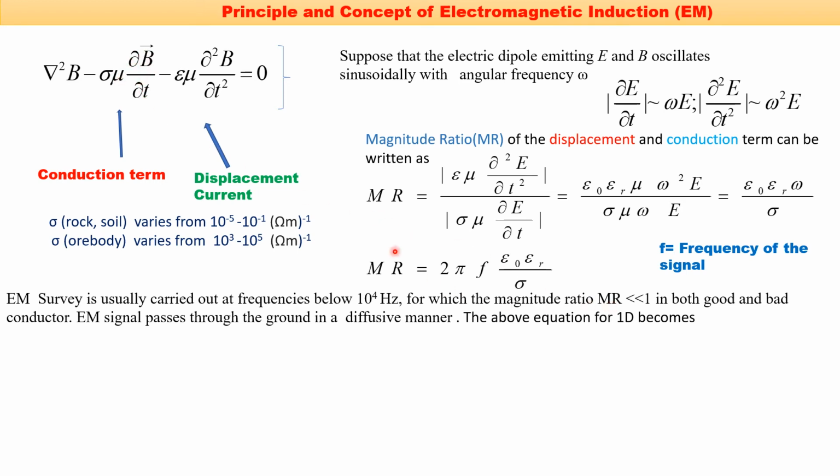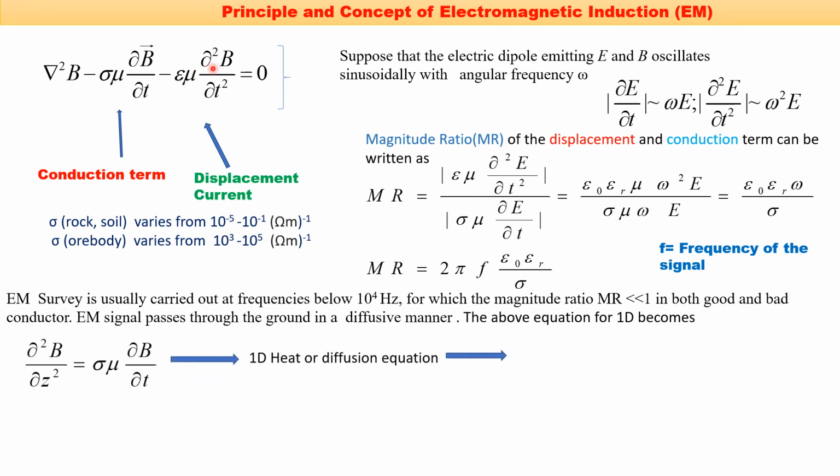In that way, the electromagnetic signal passes through the ground in a diffusive manner. We get a diffusion equation with a first partial derivative, which means there will be a loss, a diffusion of energy, unlike in the wave case where there is no diffusion. The above equation in 1D we can write by omitting this term, with only the second derivative in 1D and this term.